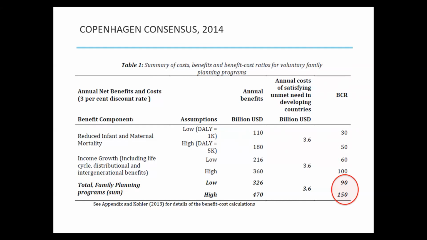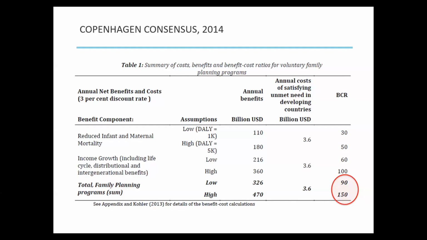So what we're looking at is a cost of meeting all unmet need, annual benefits of lives saved, infant and maternal mortality, and a long-term approach of income growth.